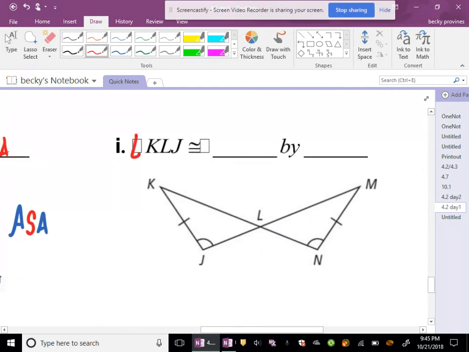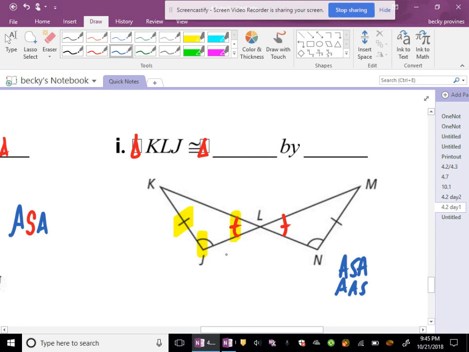All right, letter I. I see 2 pieces of information given, so let's find the vertical angles. All right, so this one's going to work. I have 2 angles provided and a side. So you have 2 choices. Is it angle, side, angle, or angle, angle, side? You guys choose what you think it is.